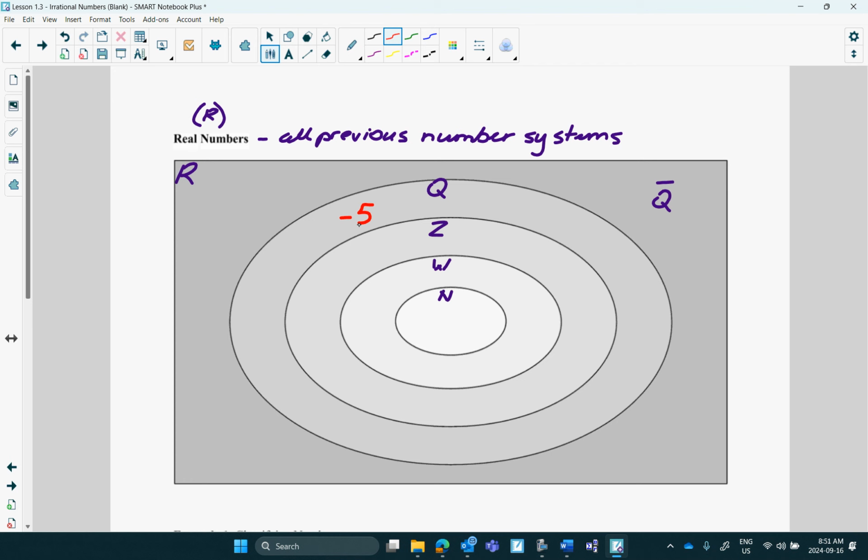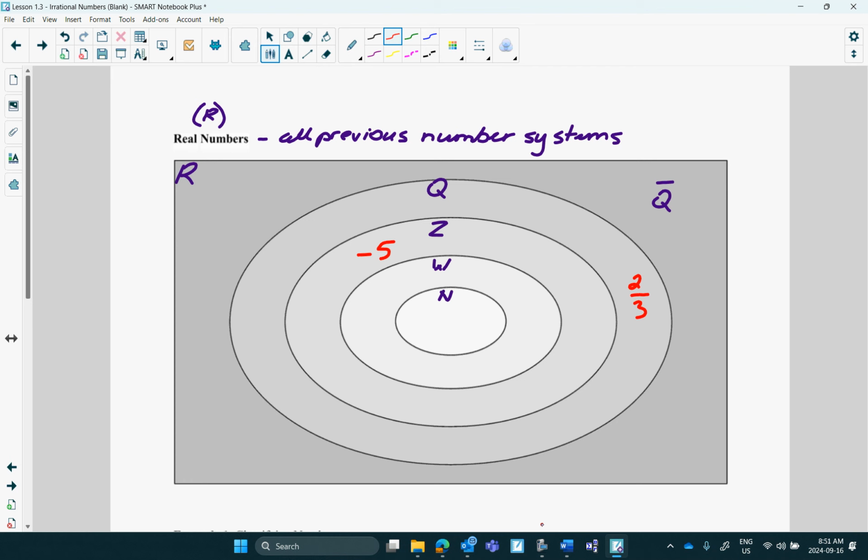Okay, so inside here, but outside... oh, it has to be in here, right? I don't know why I put that there. My mistake. Feel free to correct me.